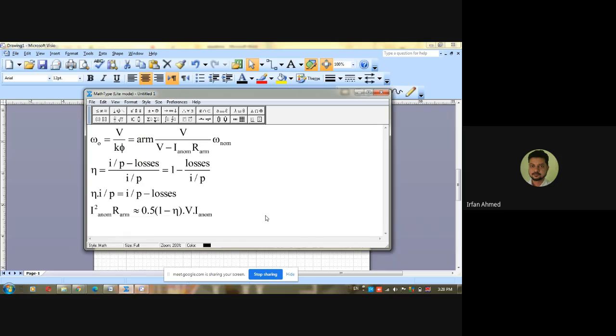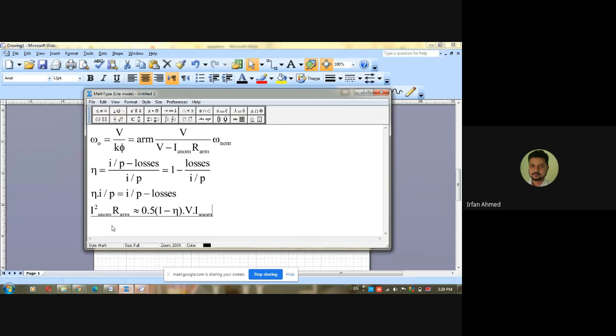So this is the equation that we get: 0.5 into (1 minus efficiency) into V multiplied by I_A nominal. From this, we can determine the armature resistance. R_A is approximately equal to 0.5 into (1 minus eta nominal) into V into I_A nominal divided by I_A nominal squared, so it becomes V upon I_A nominal.